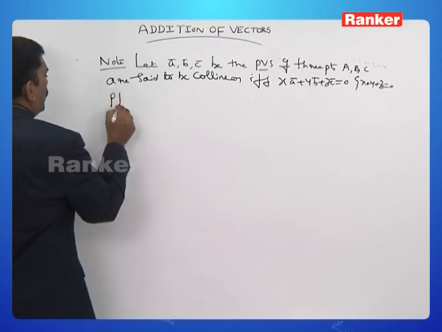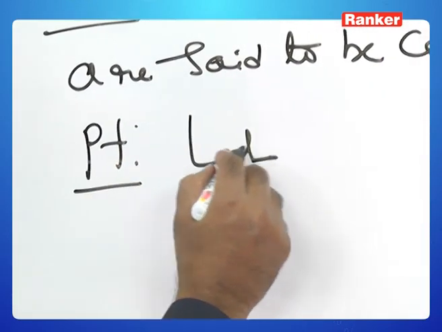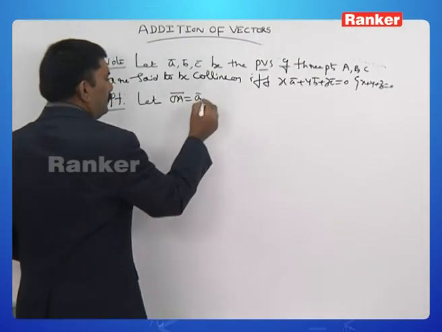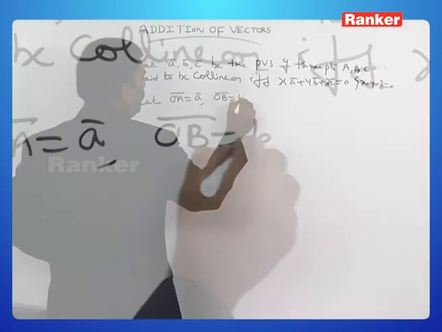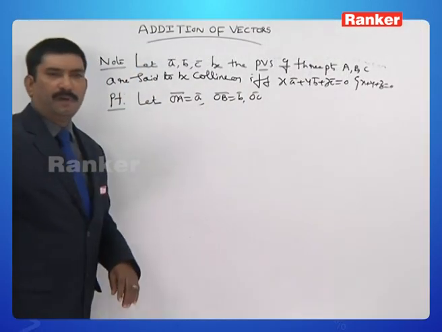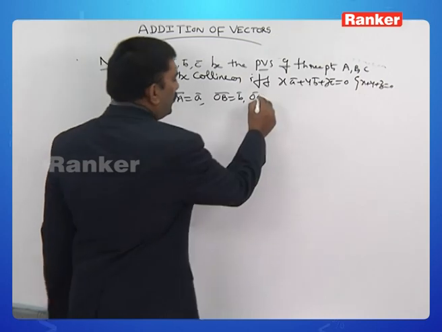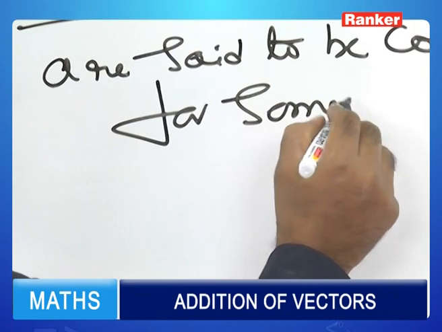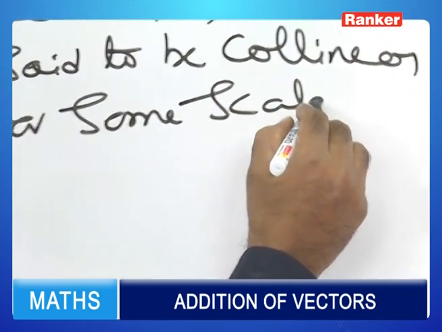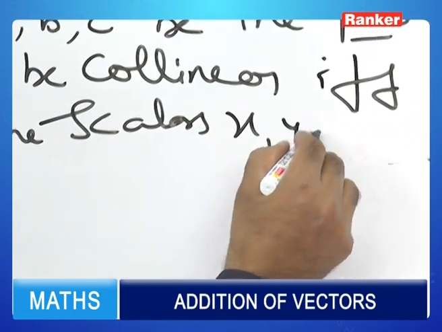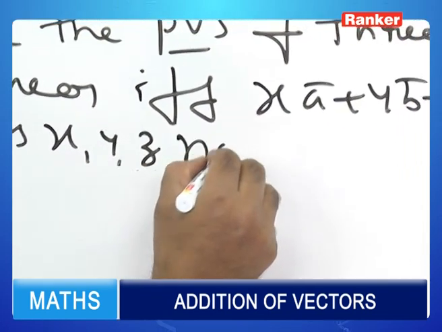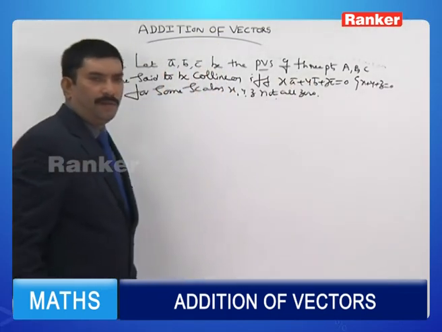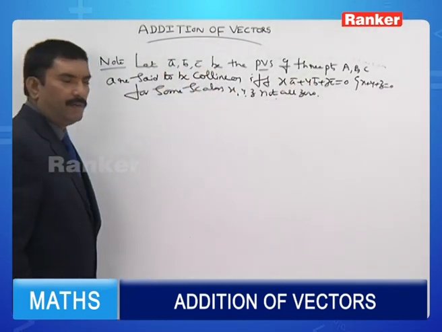Let OA bar is equal to A bar, OB bar is equal to B bar, OC bar is equal to C bar, for some scalars x, y, z, not all 0.